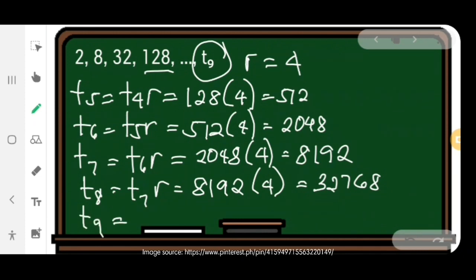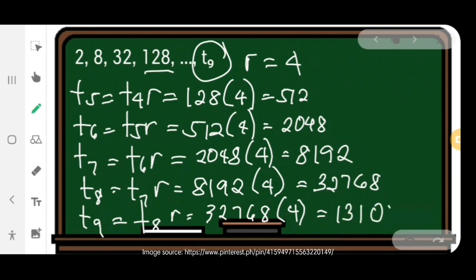So t sub 9 is equal to t sub 8 times the common ratio. So we have 32,768 times 4, and that is equal to 131,072.